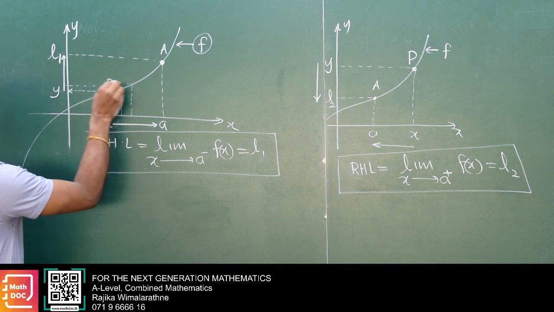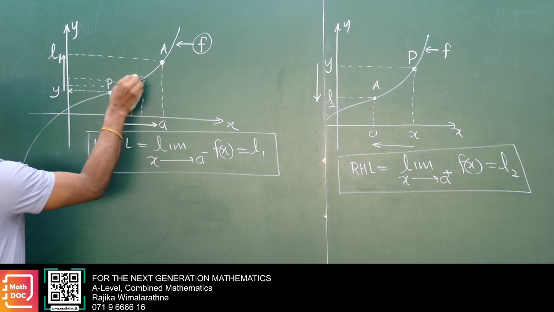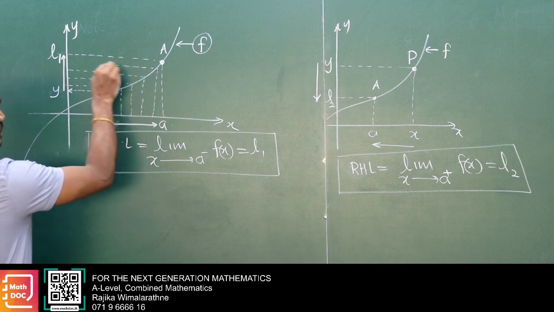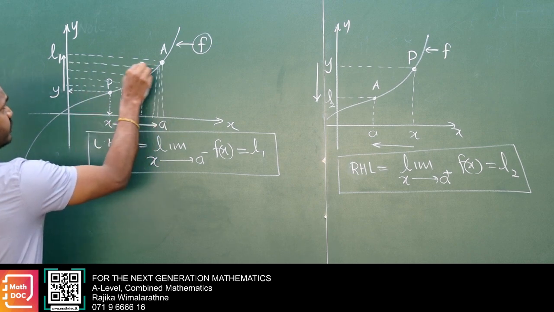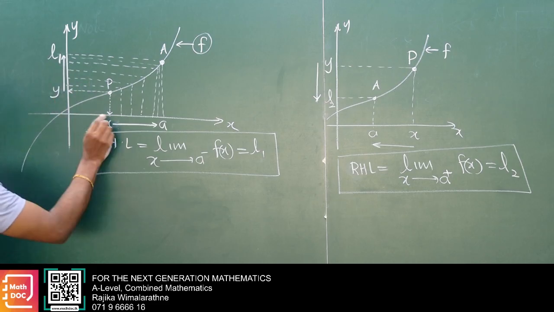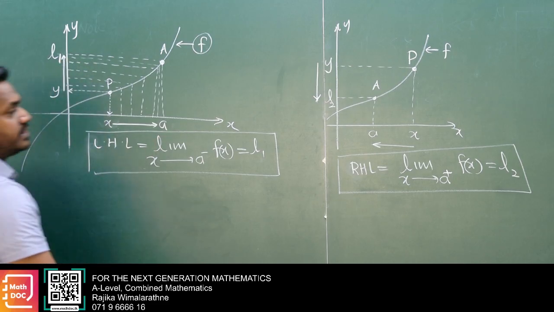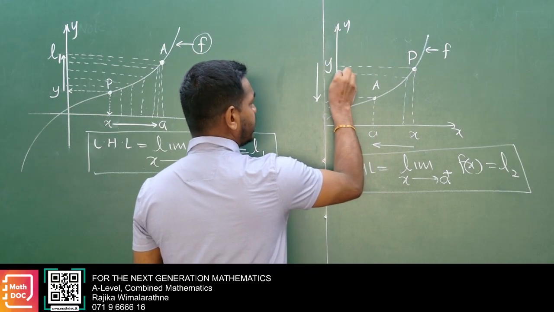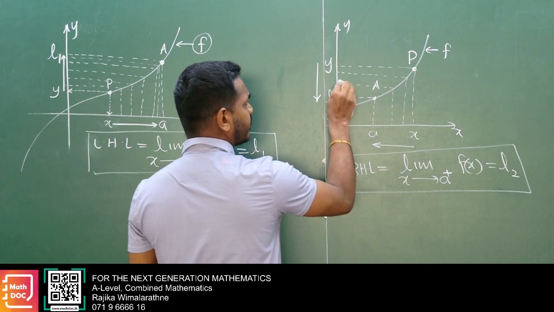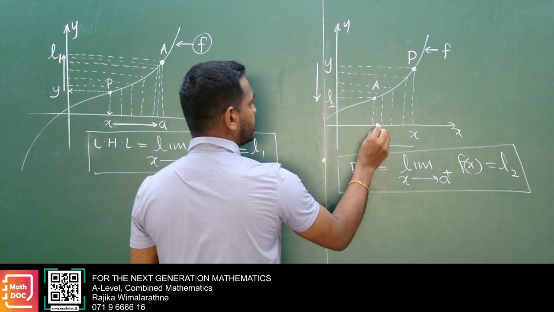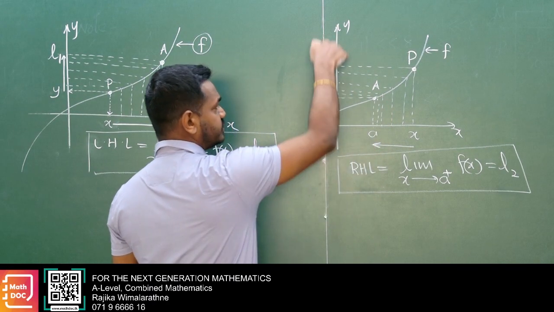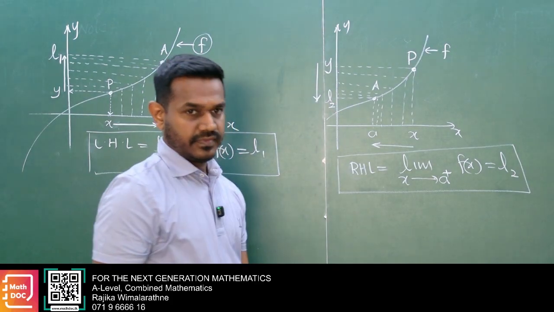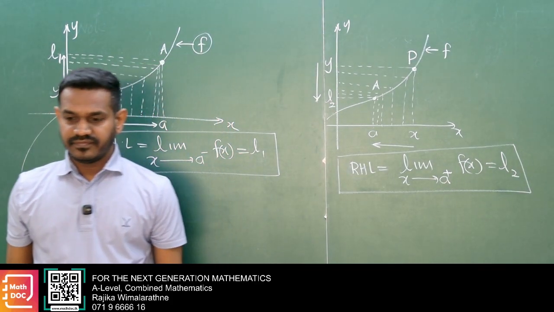You can check a variation like this. So you tend x towards a, then you can identify the variable y tendency. So as x goes to a, y tends towards L. Here as x goes to a, you check the variable y tendency. It goes like this. Then it tends towards L2. Get this idea clearly.